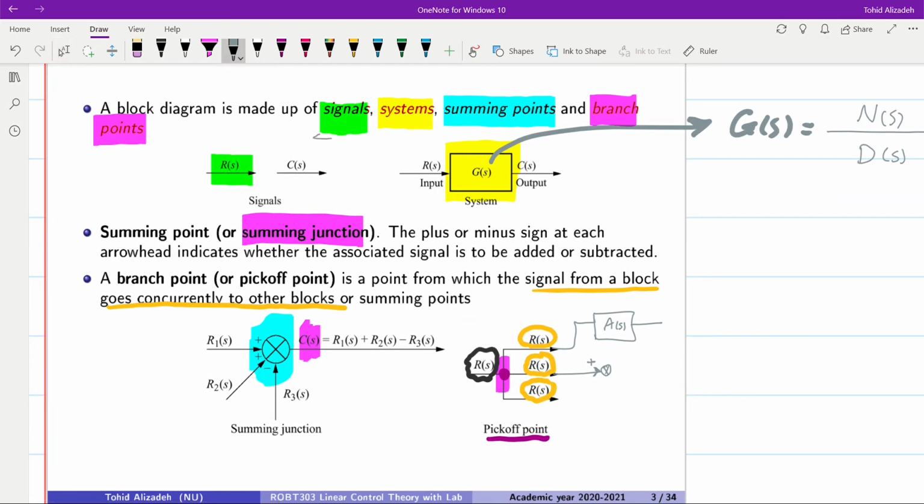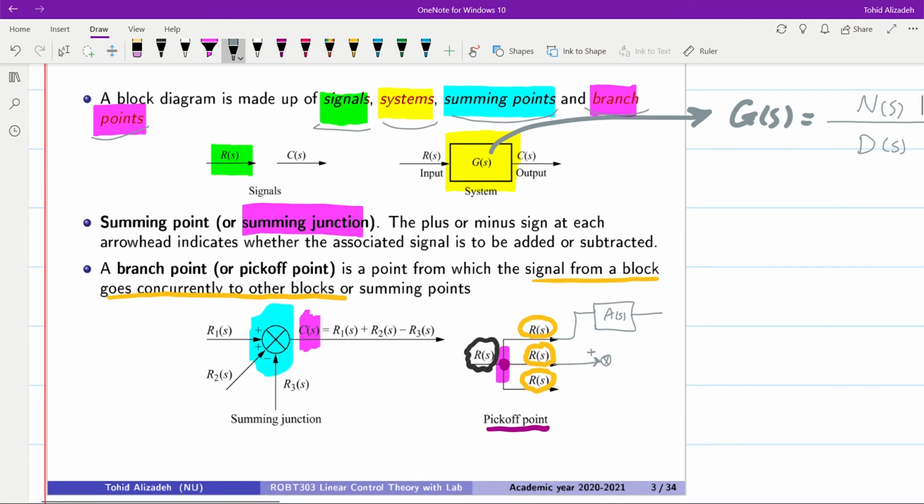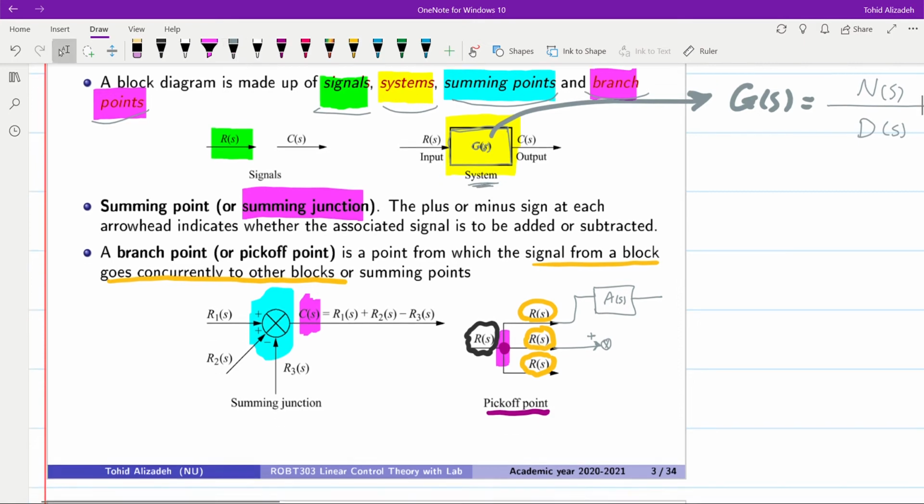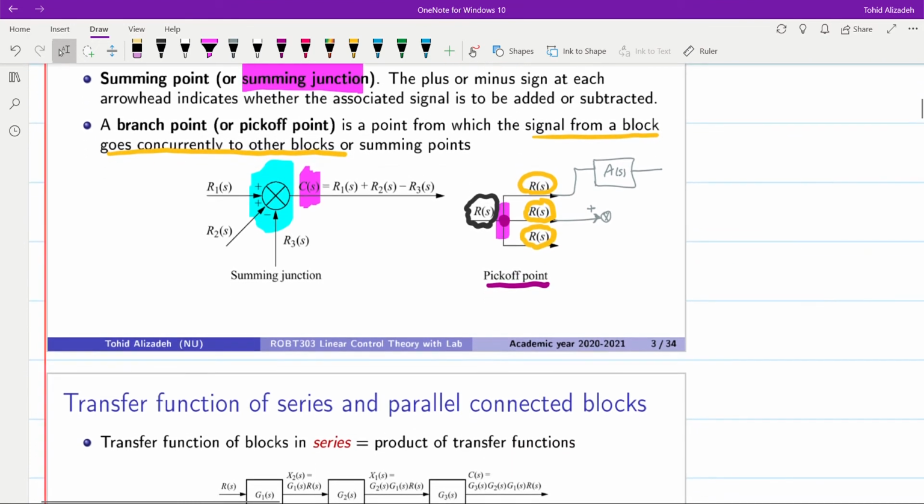Again, the signals, systems, summing points, and branch points. We will use G of S inside a block to represent a system. And again, the system could be represented in the form of a transfer function. You should already be familiar with the transfer function concept.